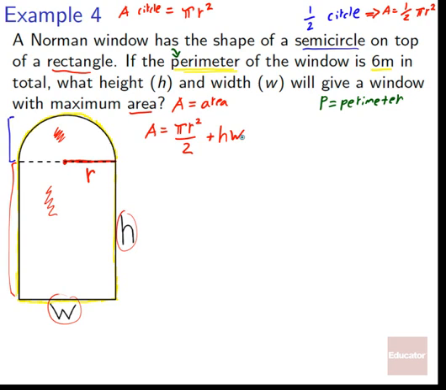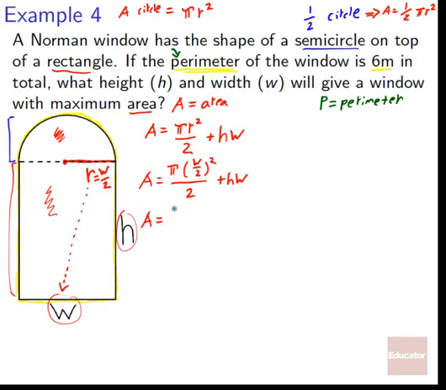So how does r connect to the rest of it? Well, r is connected to our w because it's just half of that side. So r equals w over 2. So we can change this formula into area equals pi times (w over 2) squared, over 2, plus height times width. Now we've managed to get rid of the radius, so let's simplify that a bit more.